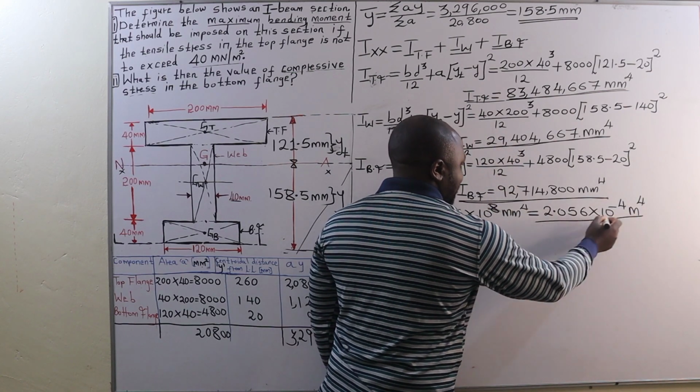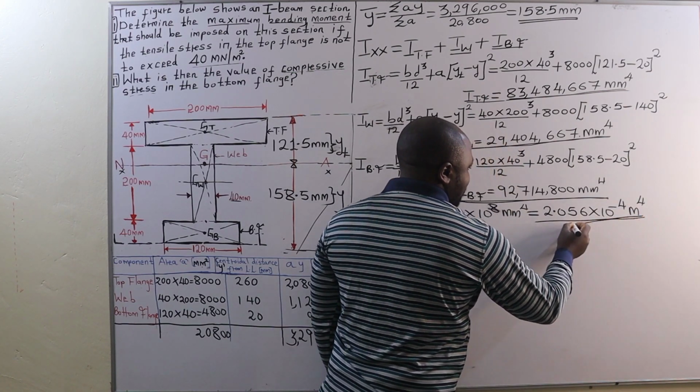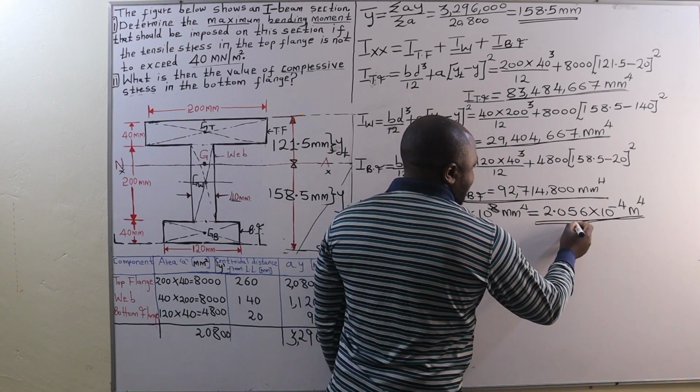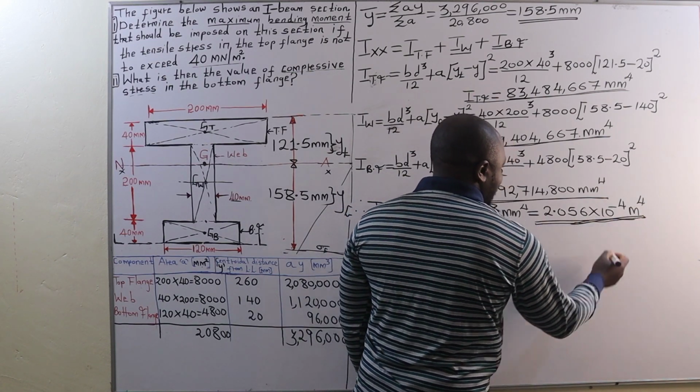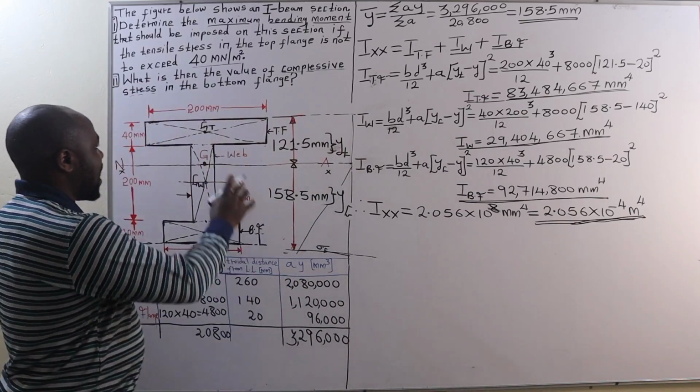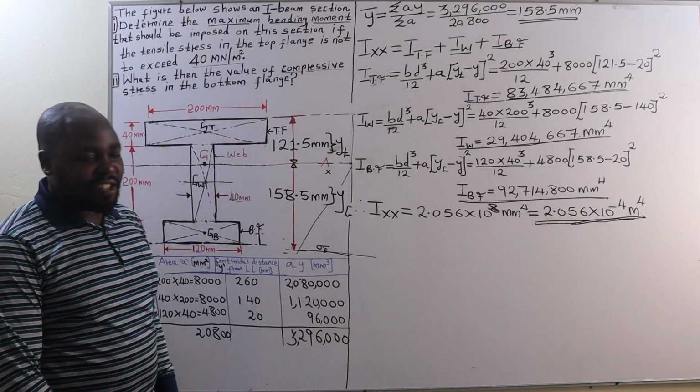Therefore, that is the moment of inertia about the x-axis, or about the neutral axis, of this I-beam section.